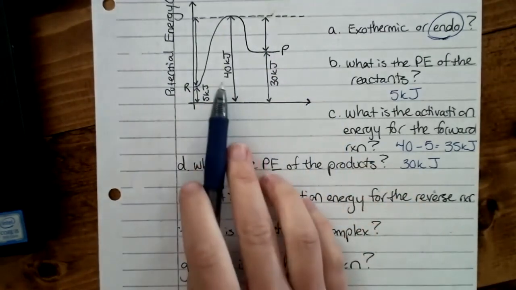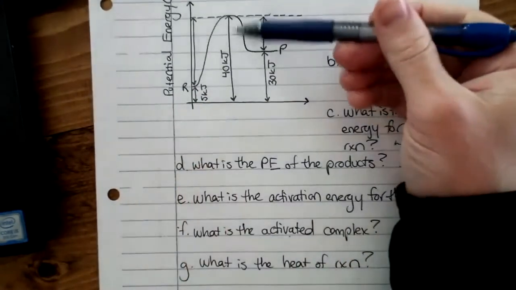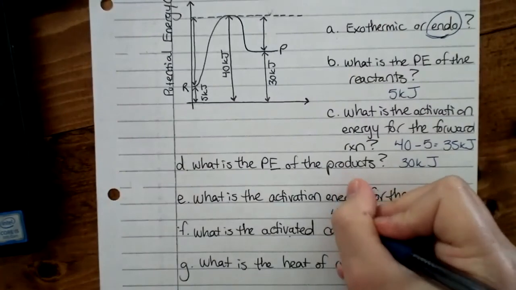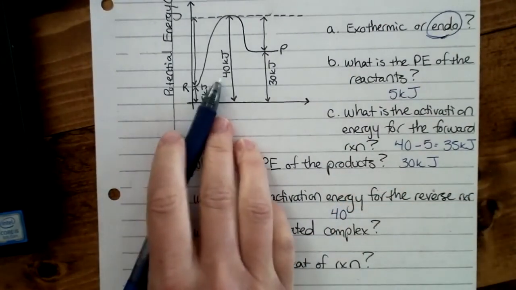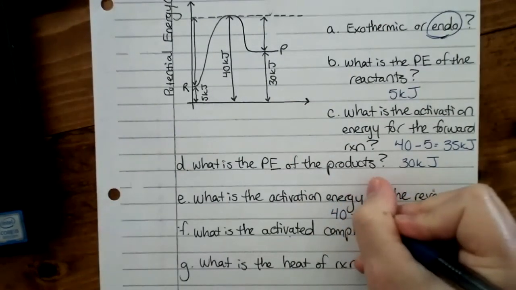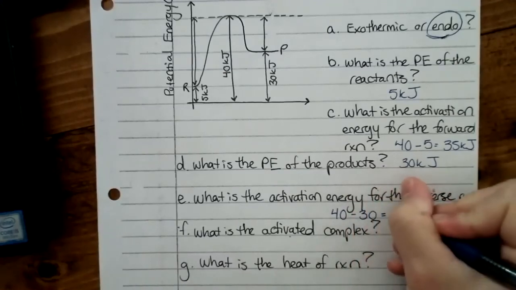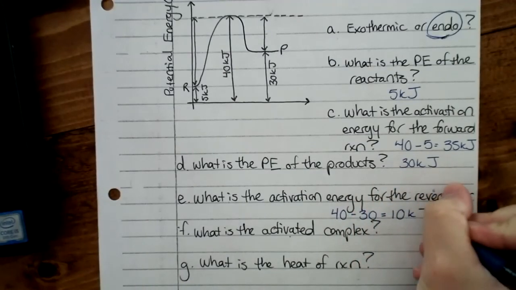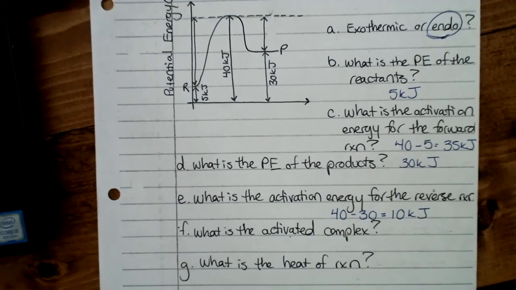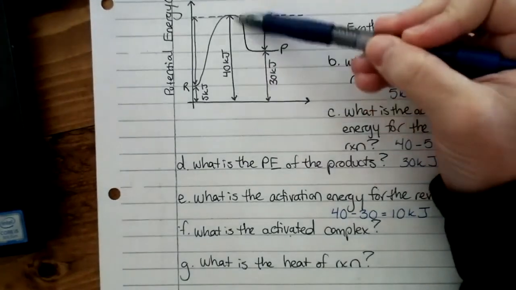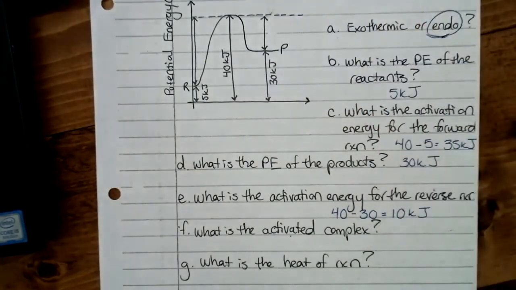Again, we have to do a little bit of math. Take the entire complex, which is 40, subtract the amount they already had, which is 30, and you get 10 kilojoules. Letter F, what is the activated complex? So that's just the entire energy of the system. That would be 40.